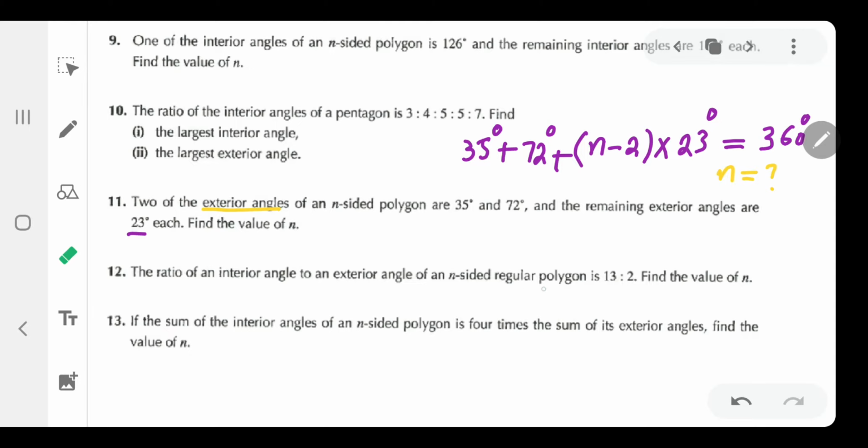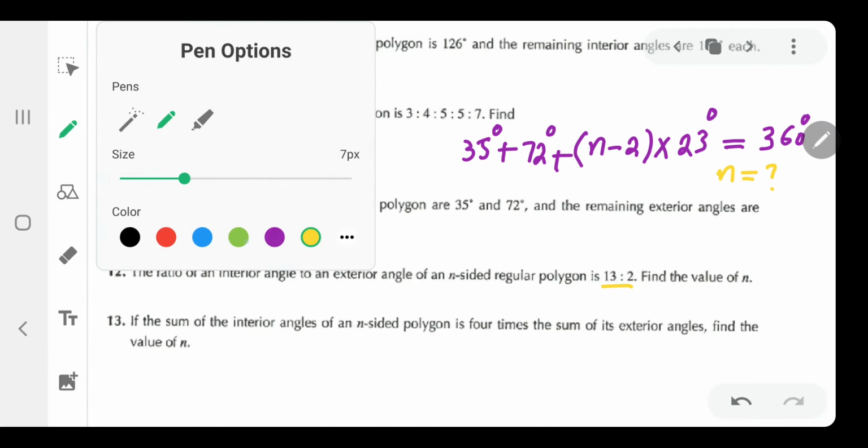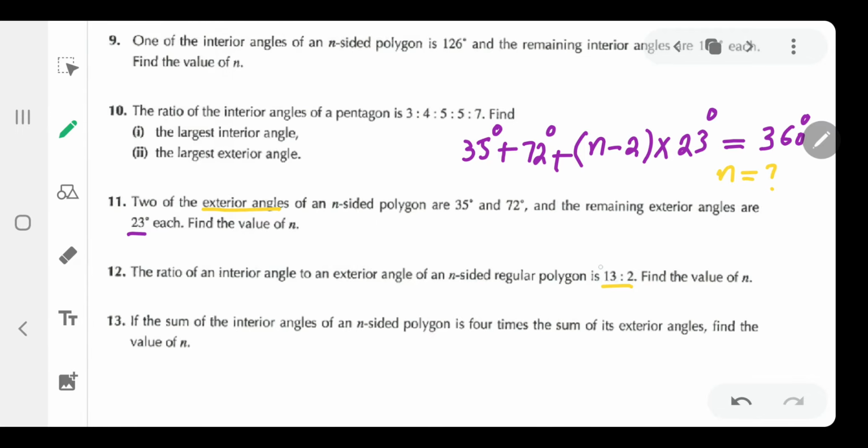So first we calculate the exterior angle. What will be the exterior angle? Because the ratio is 13:2, 13 is the interior angle and 2 is the exterior angle. We are more interested in calculating the exterior angle, right?